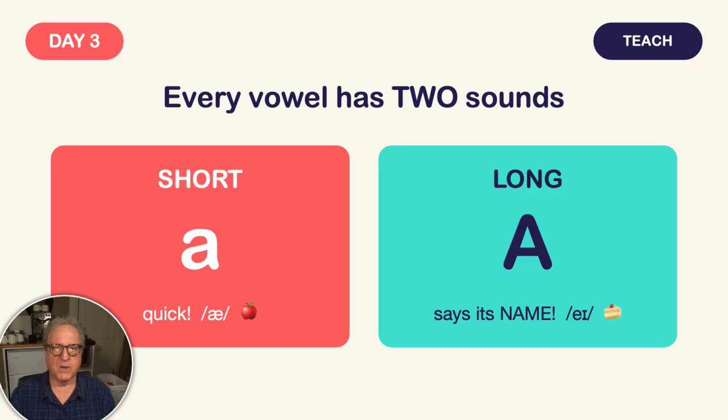For example, the short vowel is A for apple, but the long A sound is A, just like the name of the letter A. In apple, it's a short A, but in this long vowel, it says its own name.